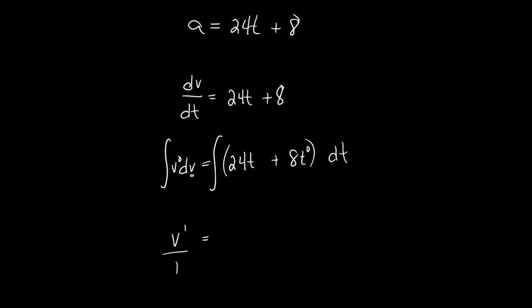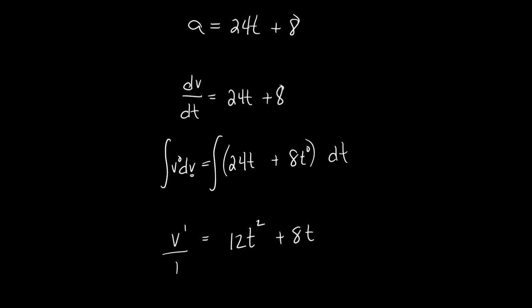The right side is one that is going to be more valuable. We knew we were going to get v. We're going to get the velocity function. Add 1 to the exponent, divide by the new exponent.